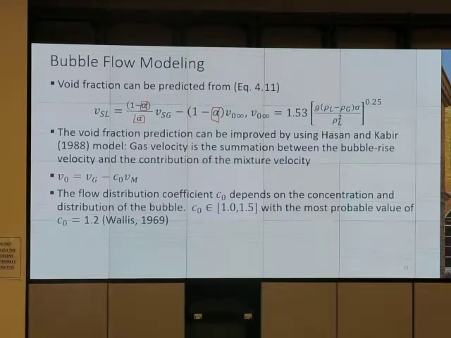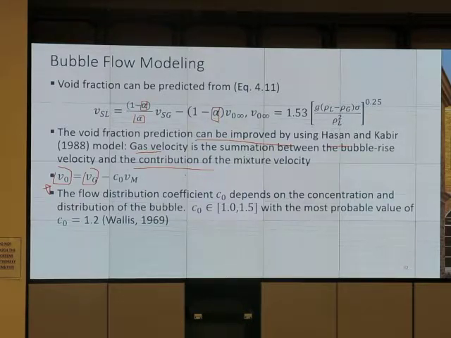Void fraction prediction can be improved by using the Hasan-Kabir model. Gas velocity is the summation of the bubble rise velocity and the contribution of the mixture velocity. So Vg is C0 Vm plus V0. This term is like the bubble rise velocity, or kind of drift velocity.